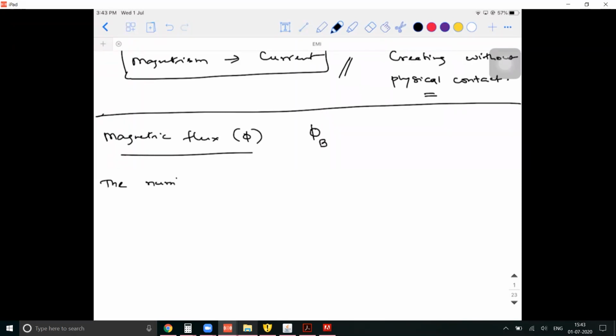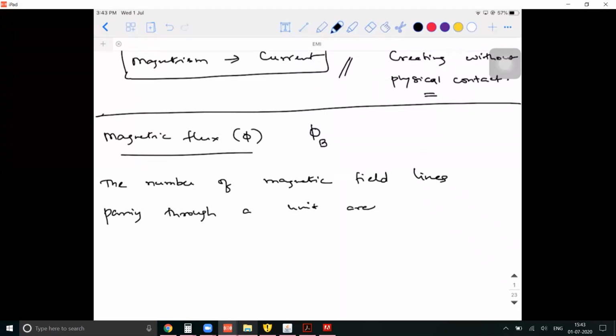The number of magnetic field lines passing through a unit area normal to it.